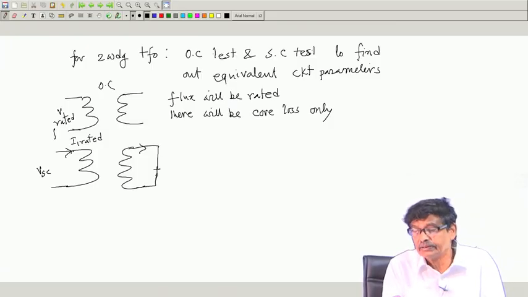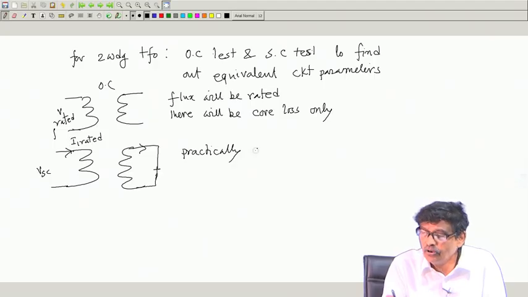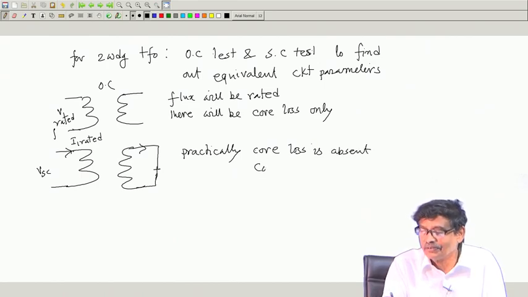So, in this test, practically core loss can be assumed to be 0, core loss is absent compared to copper loss. All the losses will be copper loss.